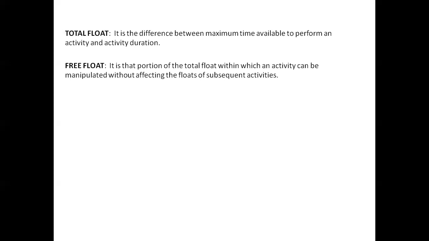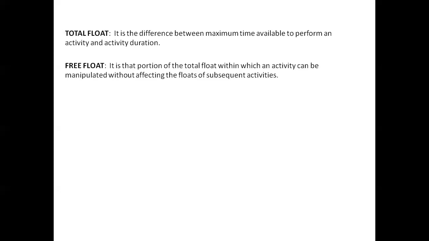It means, suppose an activity has already started at a particular time and is allotted 15 minutes for performance, even if it is delayed in finishing or takes extra time to finish, the floats of the subsequent or succeeding activities will not be affected. That portion of total float time is called the free float.